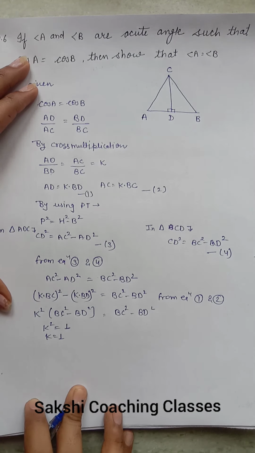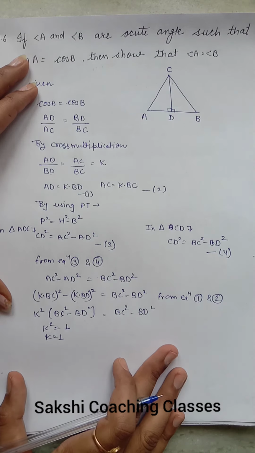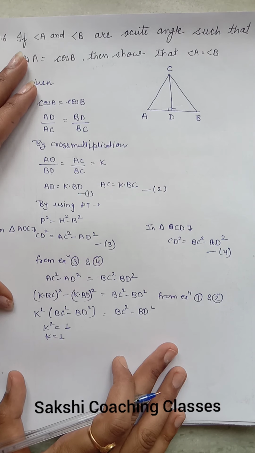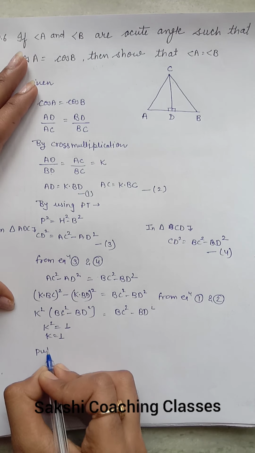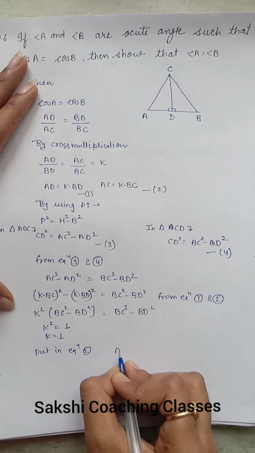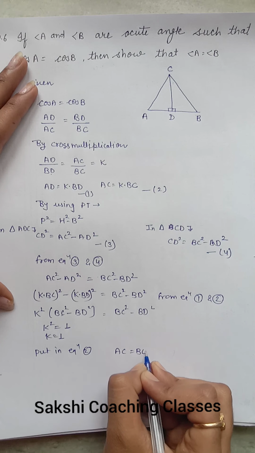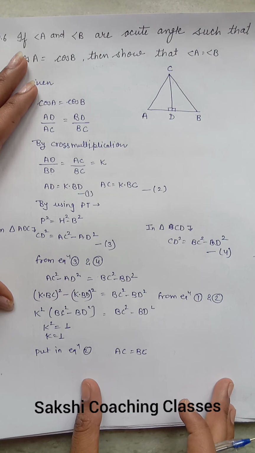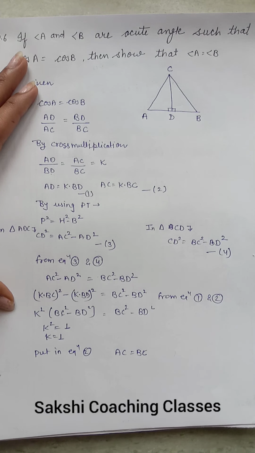Put it in equation 2. What will happen? AC is equal to BC. Right? AC is equal to BC.